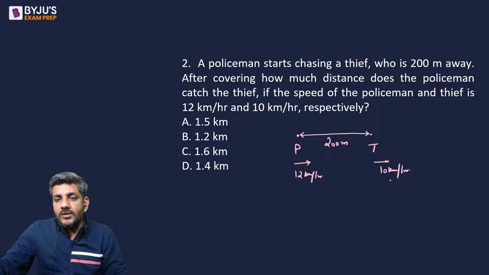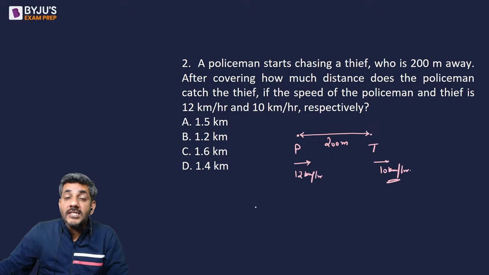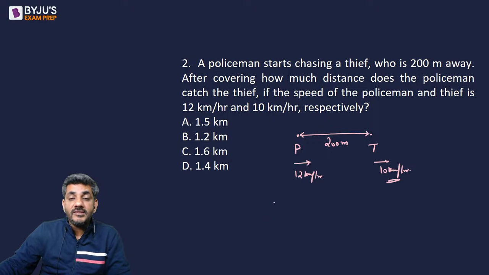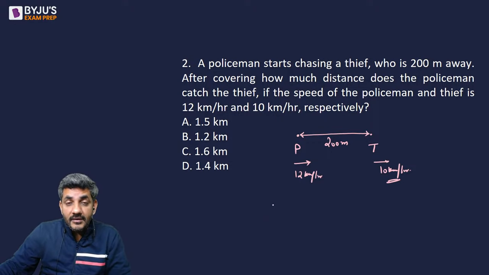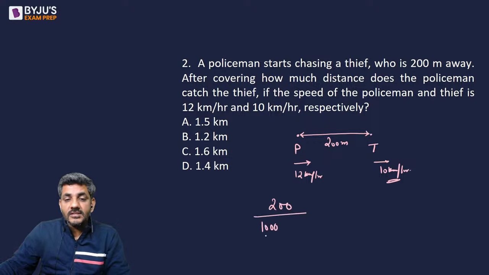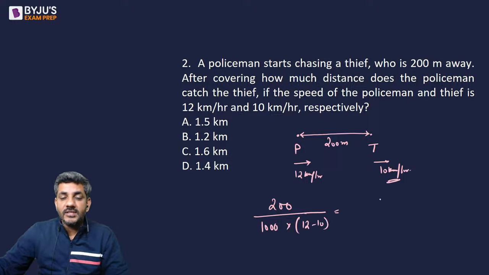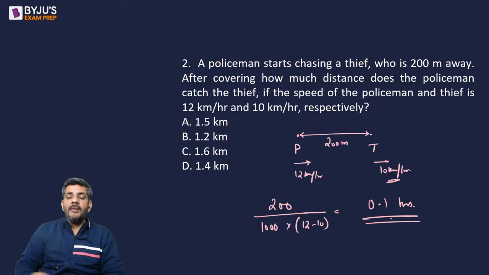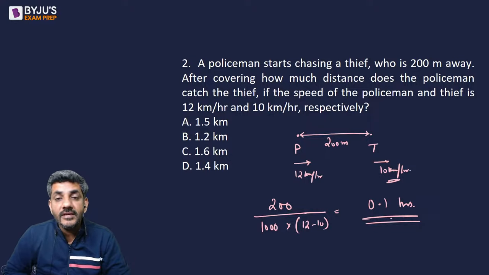Of course, the policeman wants to catch the thief, then the relative speed would be 12 minus 10. So this 200 meters, which has to be covered in kilometers, is the distance which has to be covered at a relative speed of 12 minus 10. So this gives me actually 0.1 hours. This is the time in which the policeman will catch the thief.